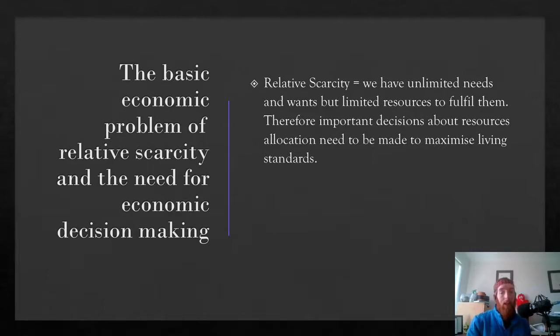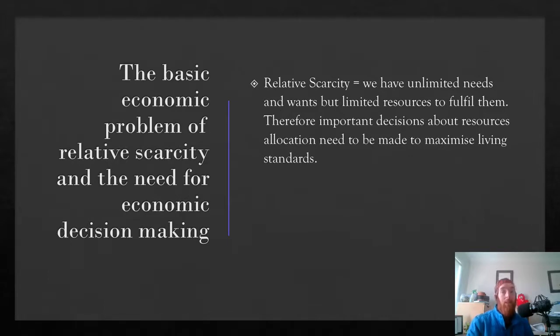One of the main things that we tend to talk about is the fact that businesses should produce what consumers demand, because that is going to maximize output, maximize sales, maximize profitability. One of the downsides with that is that consumers do not always demand the things that are good for them. Consumers demand a lot of socially undesirable goods, so things like gambling, cigarettes, alcohol, and if businesses only produced what consumers demanded, it might lead to much worse living standards overall.